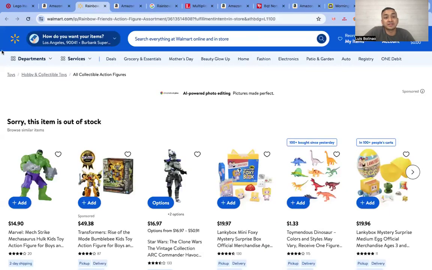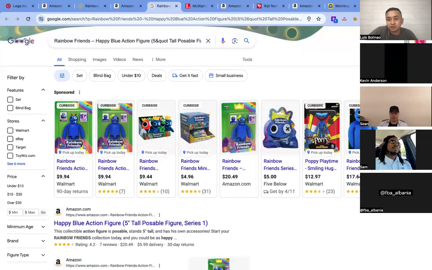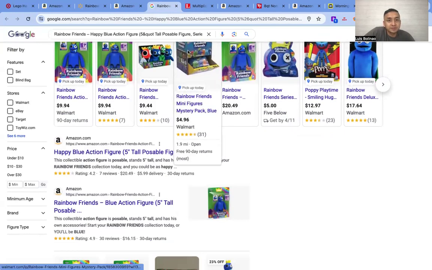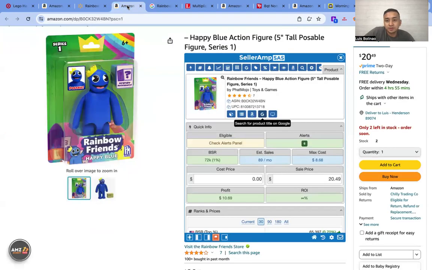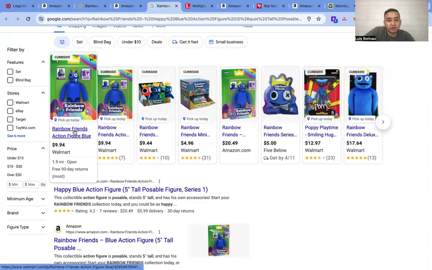On Walmart, it's out of stock, but the same product can be on Target, can be on Costco, Sam's Club, Lowe's, Toys R Us. So I just make the extra effort and try to look for the same product on other websites. So let me see. So for this one, yeah, I just do a quick glance.